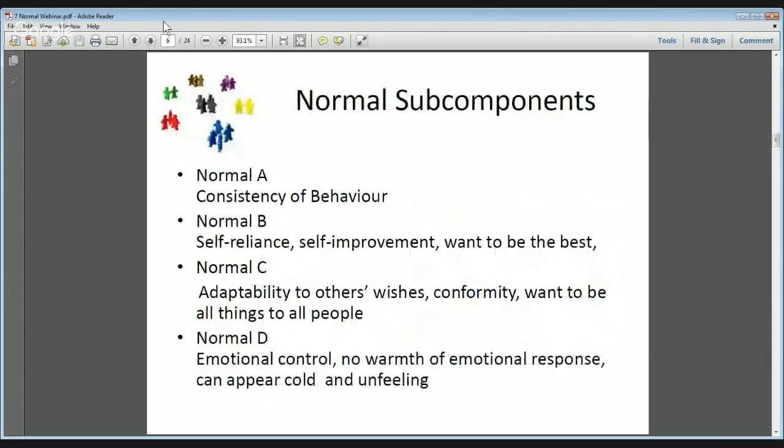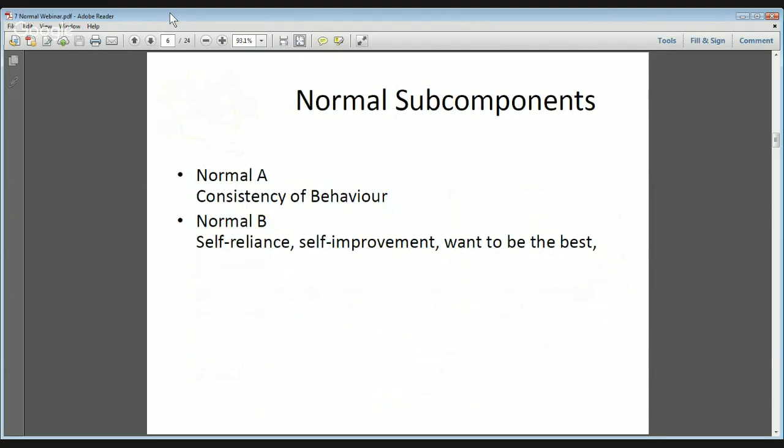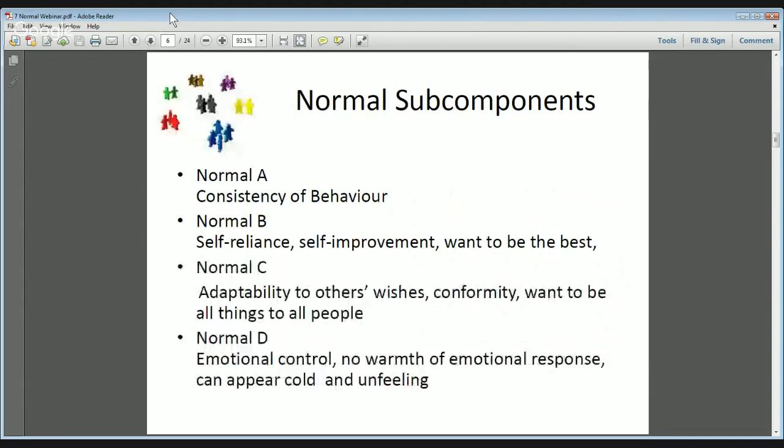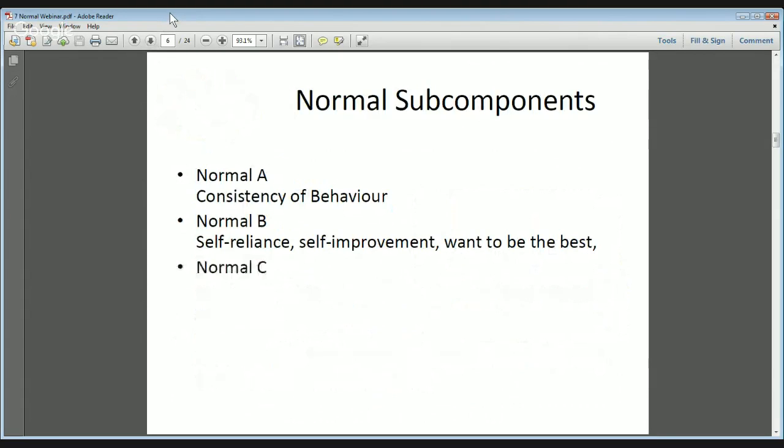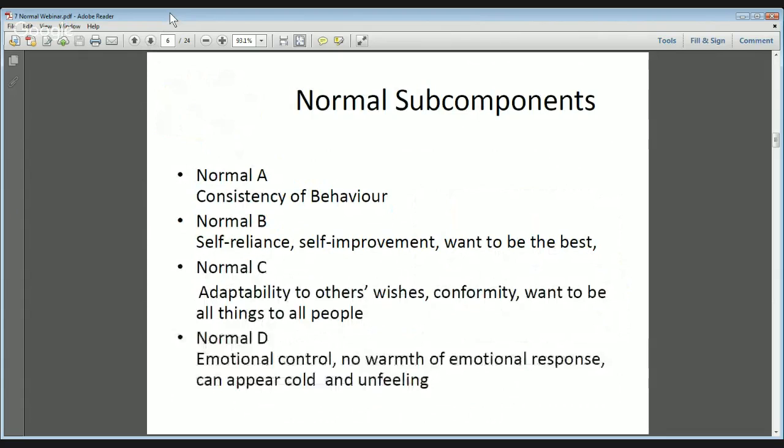The normal subcomponents, there are 4 that the Humm-Wadsworth model uses. There's normal A, which defines consistency of behavior. People with a lot of this component in them are very consistent. They behave the same way all the time.